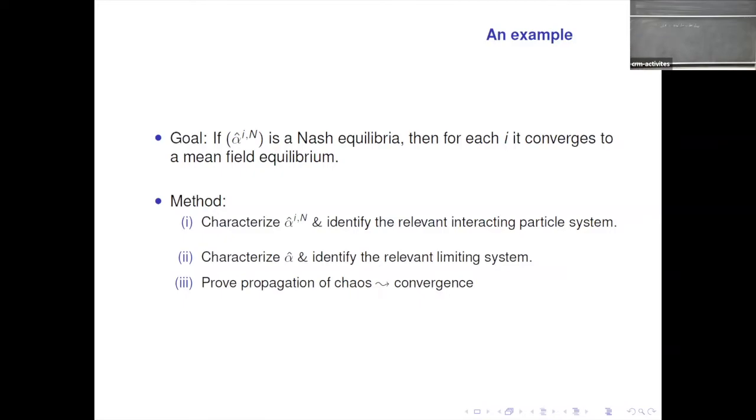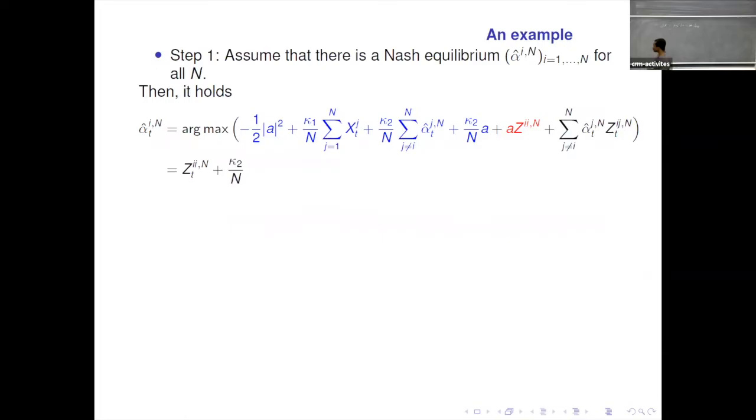So here we're going to try to identify what I call a relevant interacting particle system to characterize this Nash equilibrium. In the second step, you do the same thing for the mean field equilibrium, and you try to compare two particle systems. So that's essentially the approach. I'll go through this step by step. So first step, let us be given a Nash equilibrium.